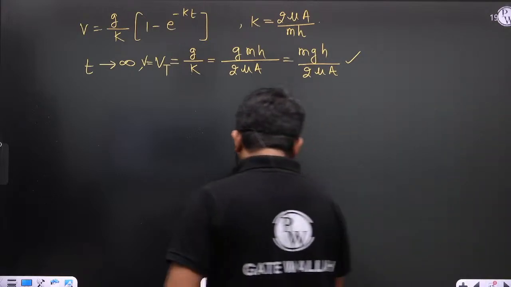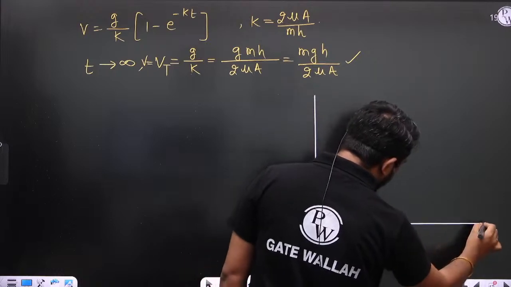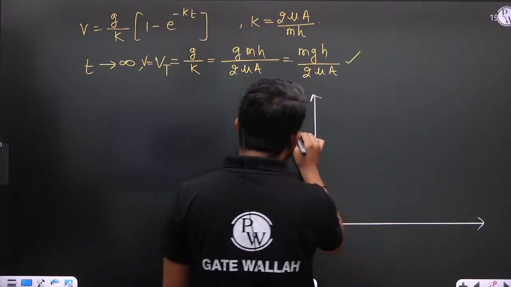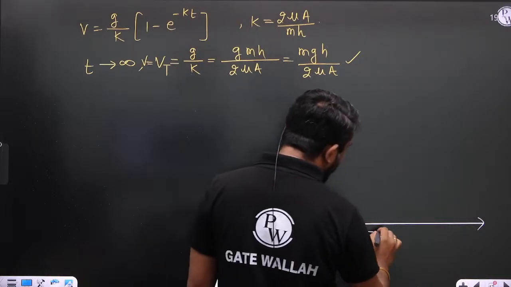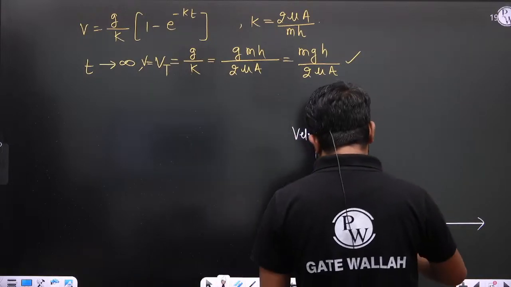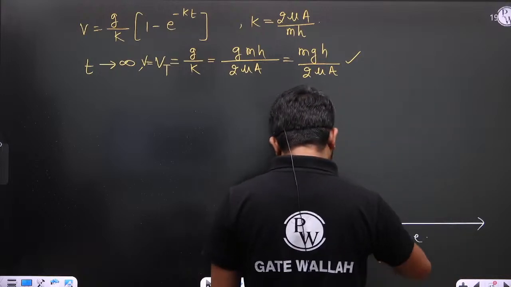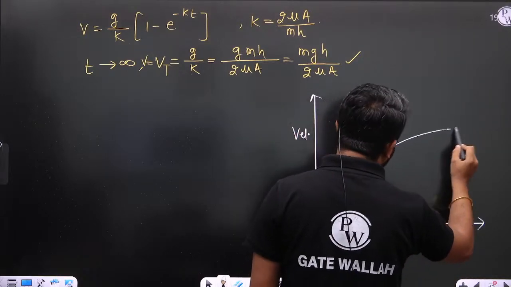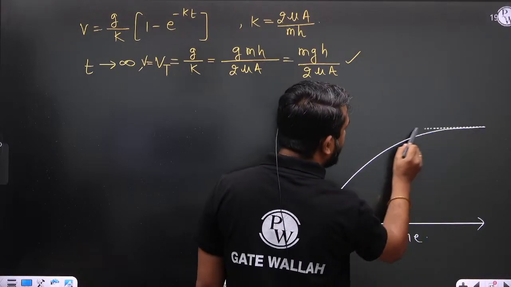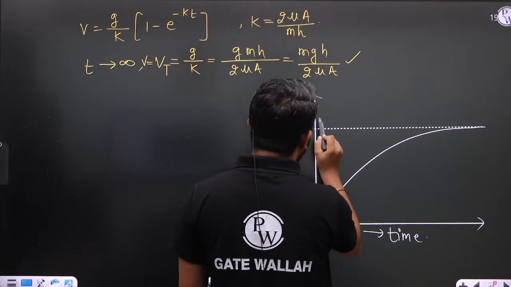So if you see the velocity variation with respect to time, let us consider this is the velocity axis and this is the time axis, right? Now see, the velocity variation is something like this, and beta, this is nothing but the terminal velocity.